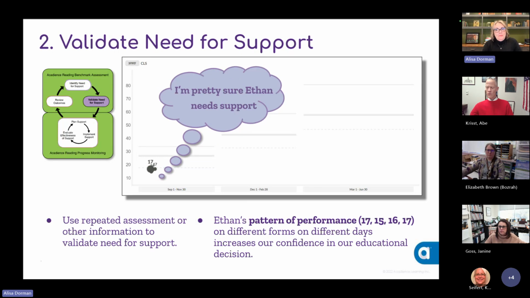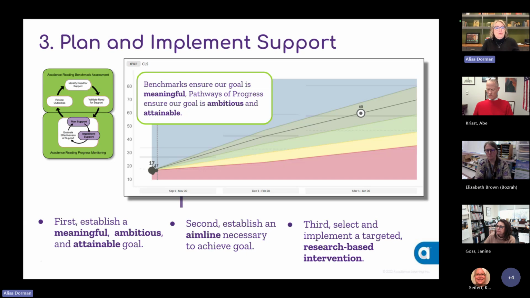We go ahead and we measure Ethan a couple more times within that same week, but not on the same day, and we see an emerging pattern. It's very consistent. Ethan scores within a point or 2 of the initial score that we got at benchmark, and now we say, well, okay, he definitely is showing signs of need for support, and we decide that we're going to now put him into a process that supports creating a plan.